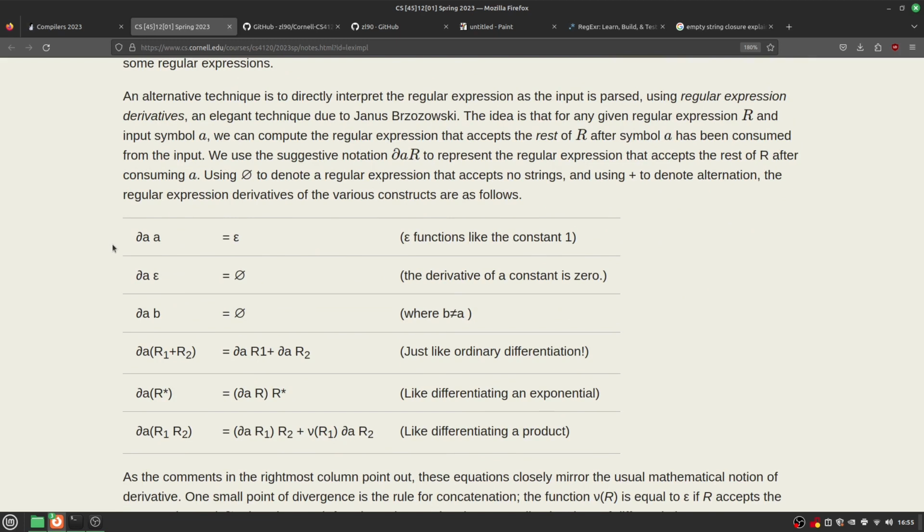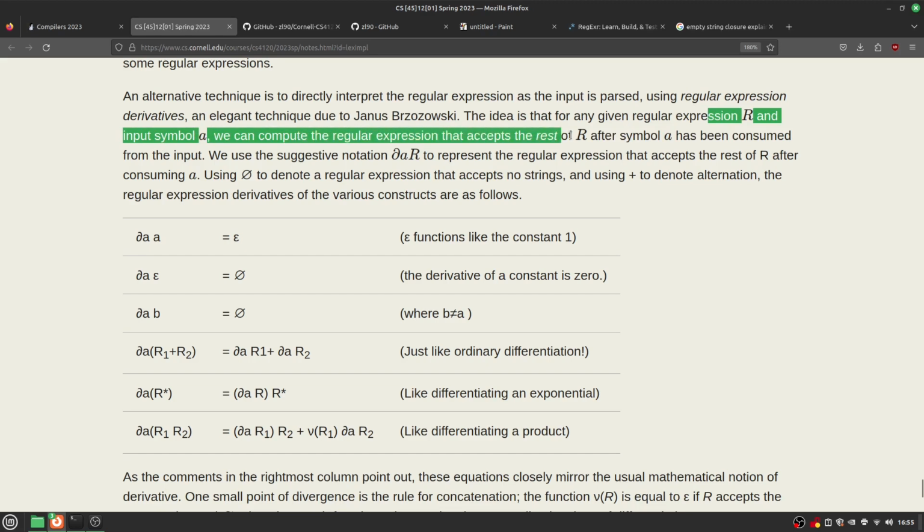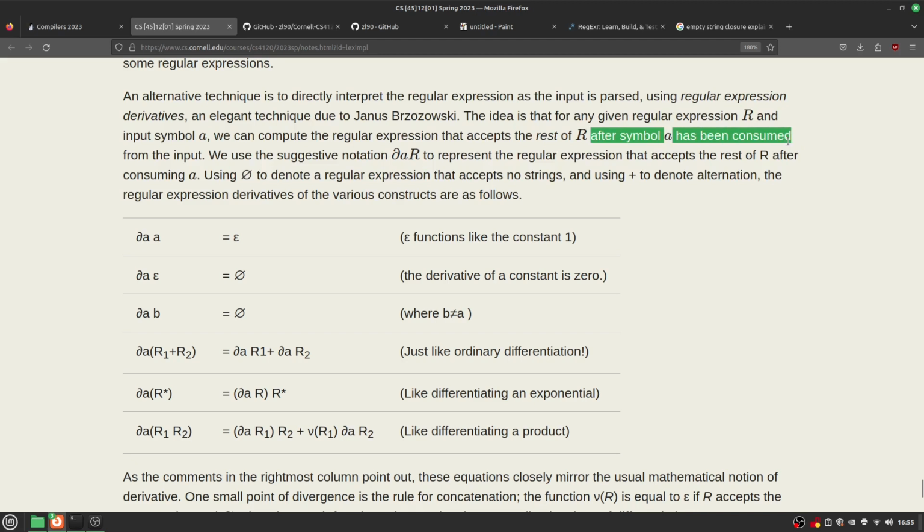So the regular expression that accepts this way, wait. We can compute the regular expression that accepts the rest of R after a symbol A has been consumed from the input.